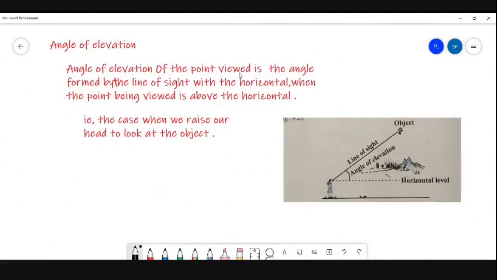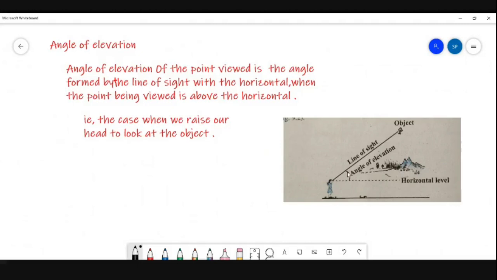Angle of elevation of the point viewed is the angle formed by the line of sight with the horizontal when the point being viewed is above the horizontal. If the object is above the horizontal level, the angle between the line of sight and the horizontal is called angle of elevation.